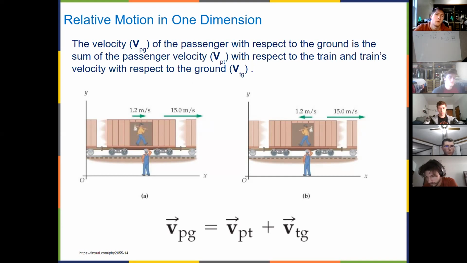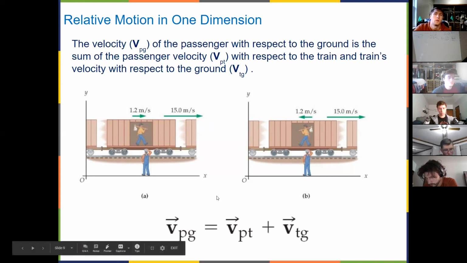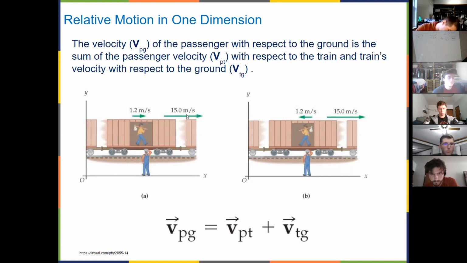And the train also has relative motion with the Earth, or the ground. If the train is going in one direction at 15 meters per second, you can write this velocity as the velocity of the train with respect to the ground, v_TG, using subscripts.